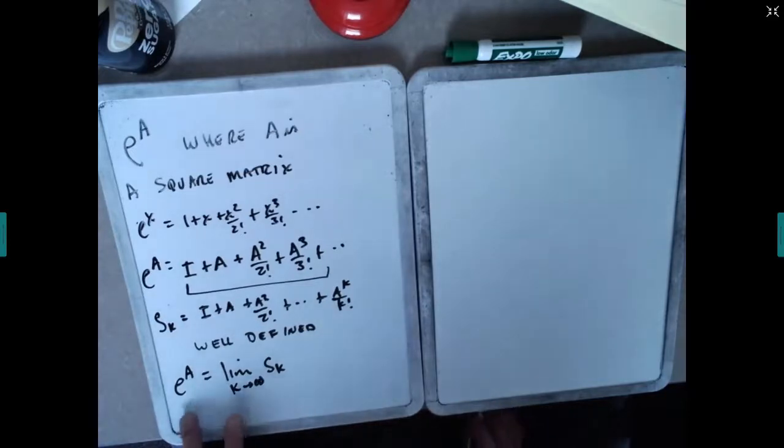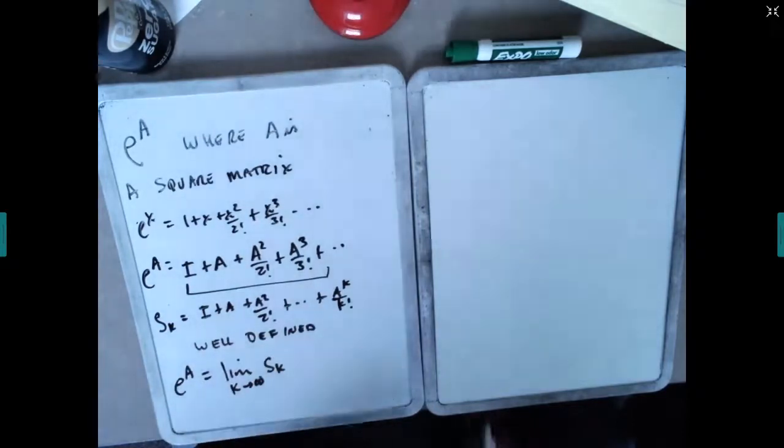However, we are working with matrices. So if e to the A is going to be a matrix, it can be defined by its entries.